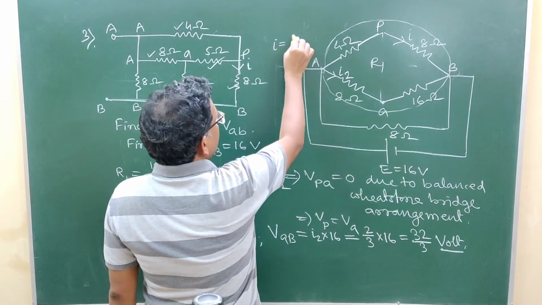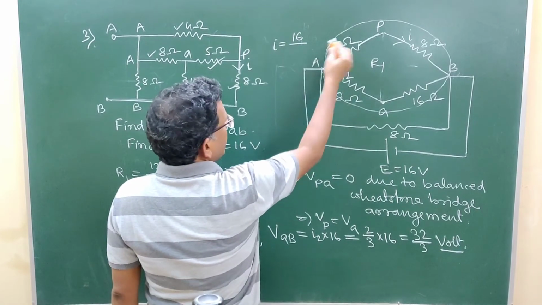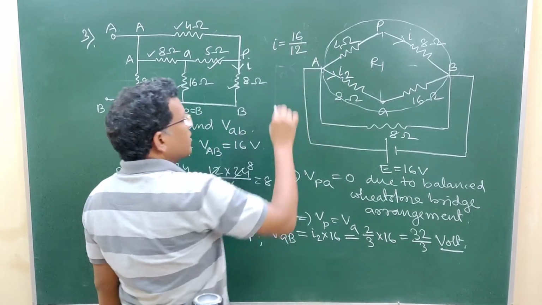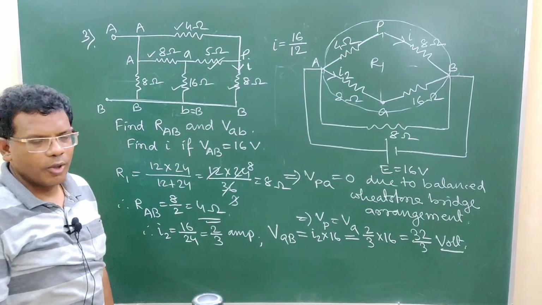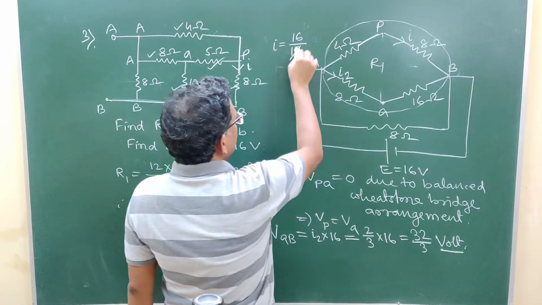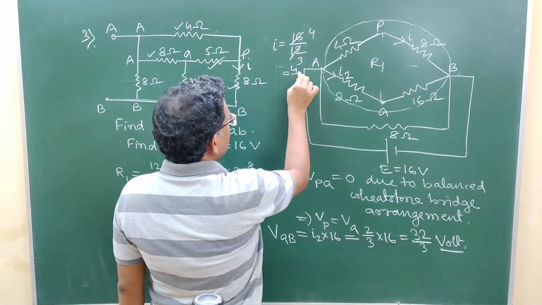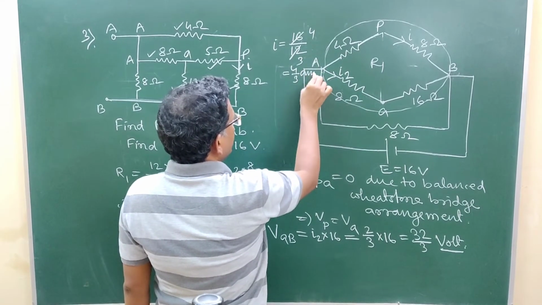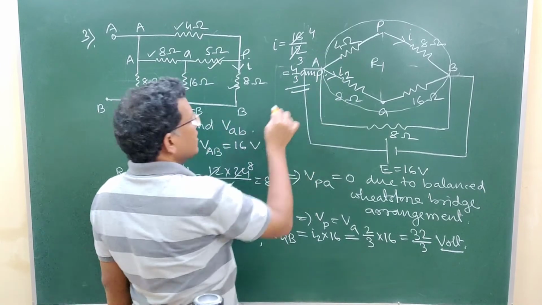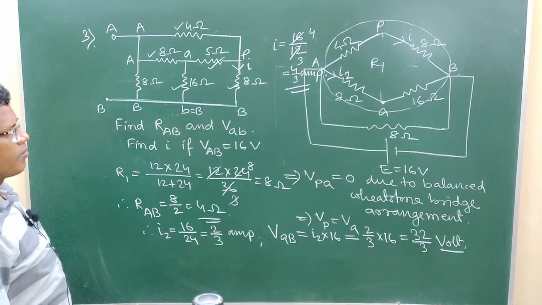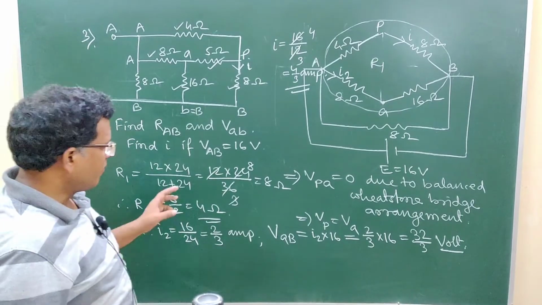So the required I will be 16 volt divided by the effective resistance of that branch, which is 12 ohm. So it is 4 by 3. So I value is just 4 by 3 ampere. So these are the part values of the required term.